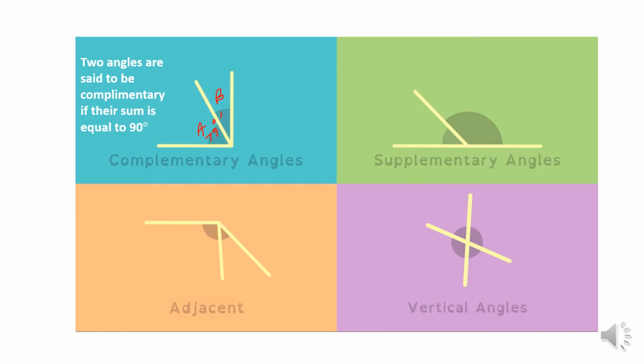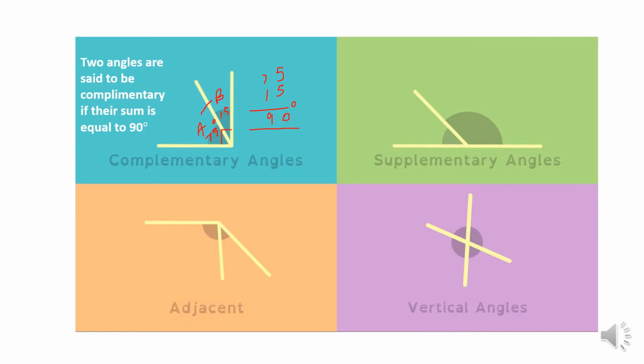Angle B will be 15 degrees because this is a right angle, an angle of 90 degrees. So the sum of A and B must be 90 degrees, and we know that 75 plus 15 gives us 90. Okay, so these are complementary angles. Two angles are said to be complementary if their sum is equal to 90 degrees.